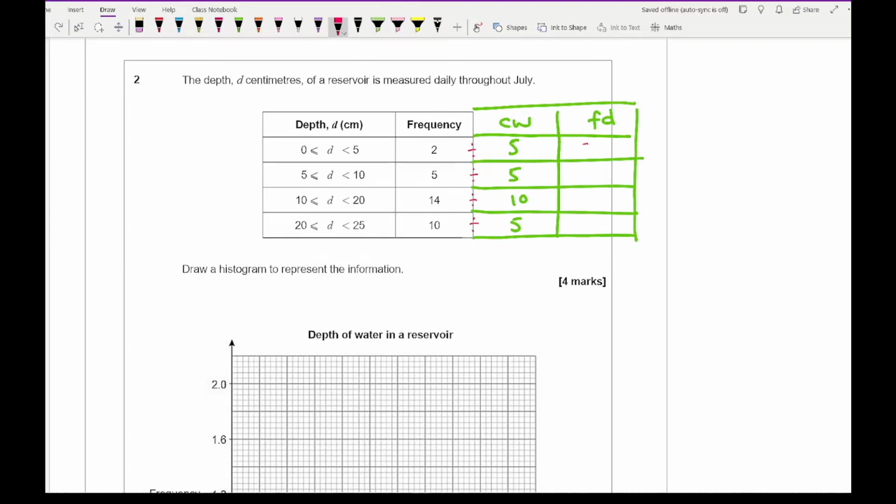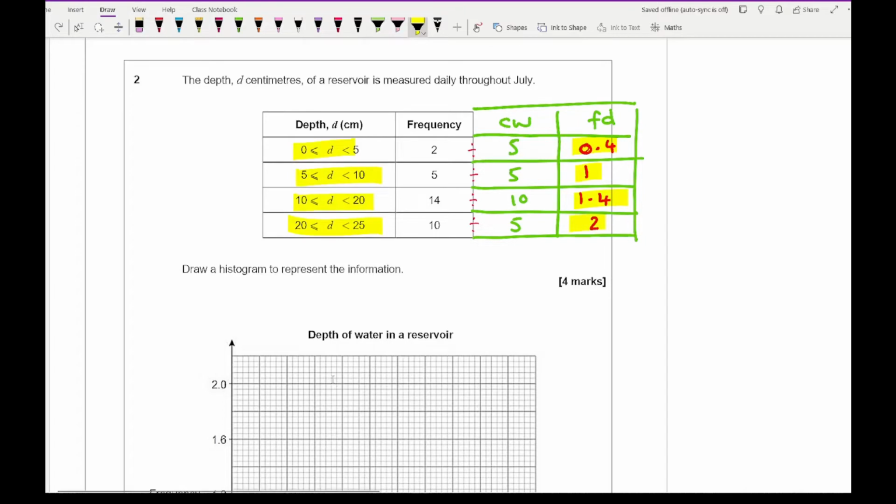So here I get 0.4, I'm getting 1, I'm getting 1.4 and I'm getting 2. So then all that's left for me to do is plot the first column against the frequency density.